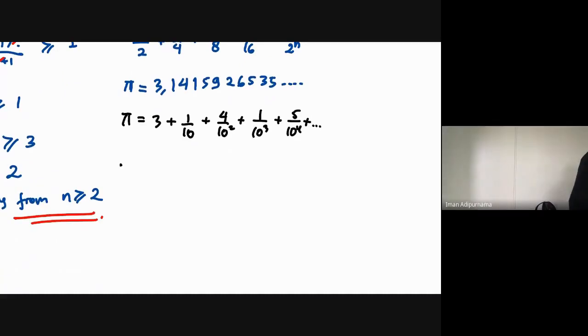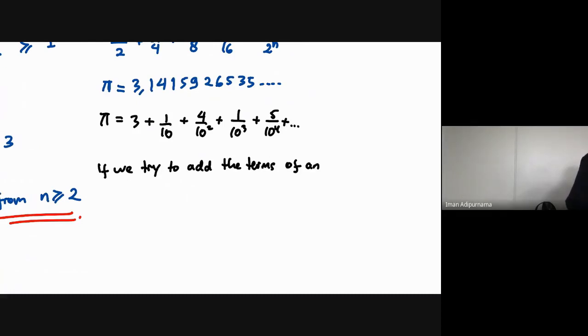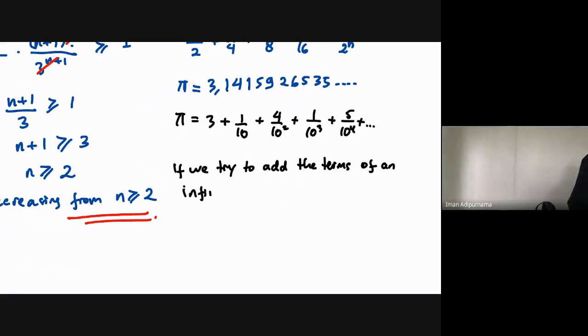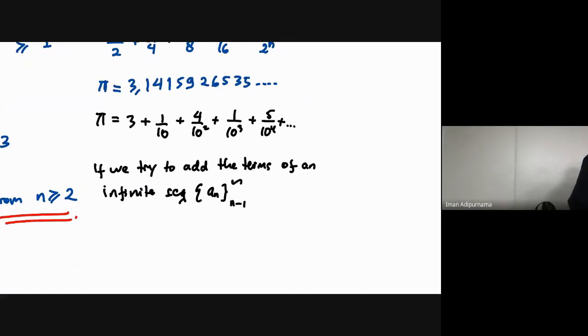So if we try to add the terms of an infinite sequence, we get, I will write directly, A1 plus A2 plus A3 plus dot dot dot plus An plus dot dot dot.